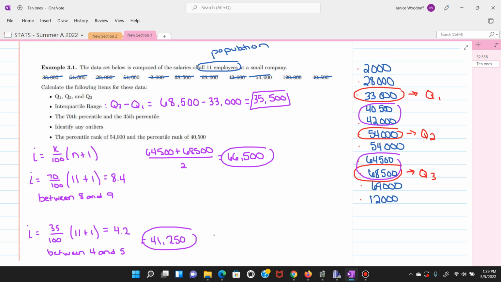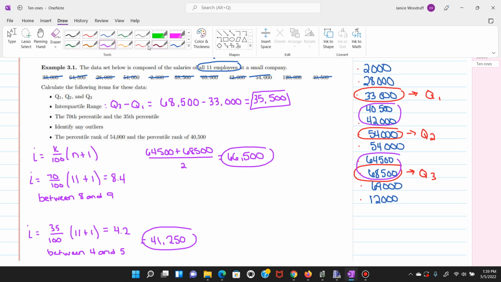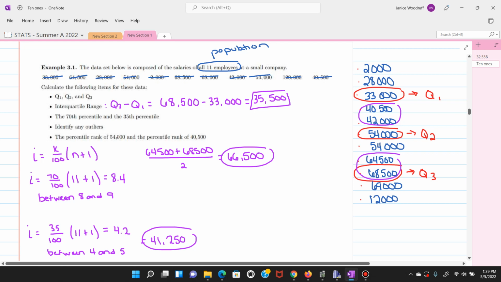Outliers, let's come back to the outliers. I want to do the percentile rank of those two values first. Okay, so let me get a different color. Okay, so percentile rank of 54,000. So let's find 54,000 right here. Okay, remember percentile rank is this formula.